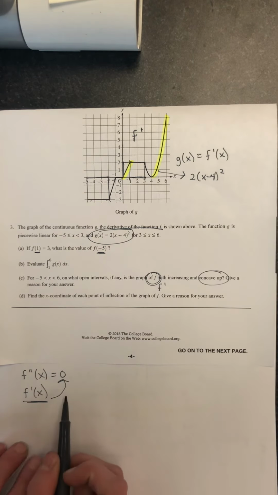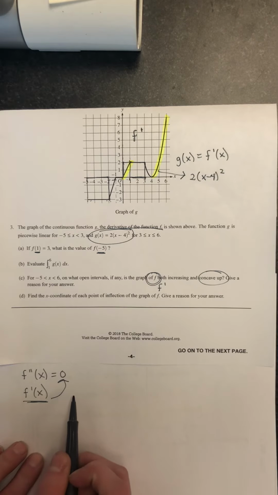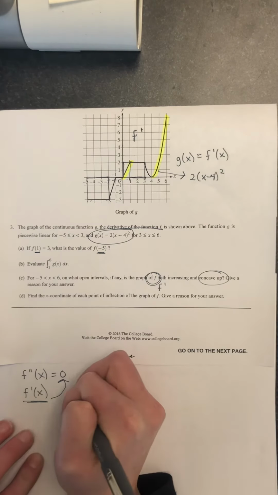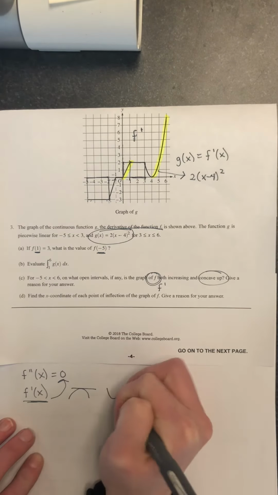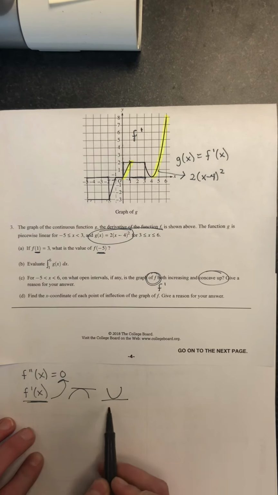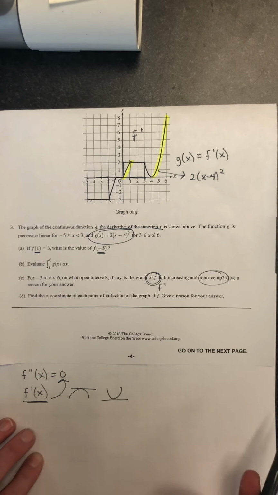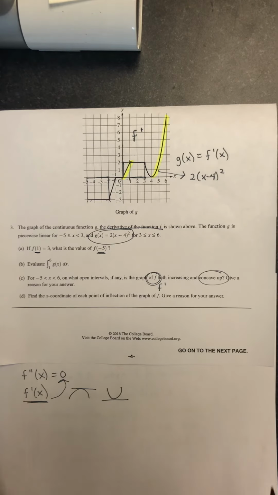That means that I either went from increasing to decreasing or decreasing to increasing. In essence, I have a horizontal tangent line. So really what I'm looking for here is any place that I have a min or a max. I'm looking for a horizontal tangent line.